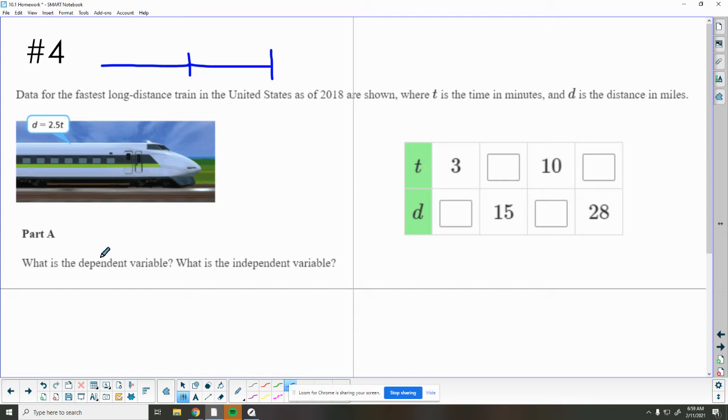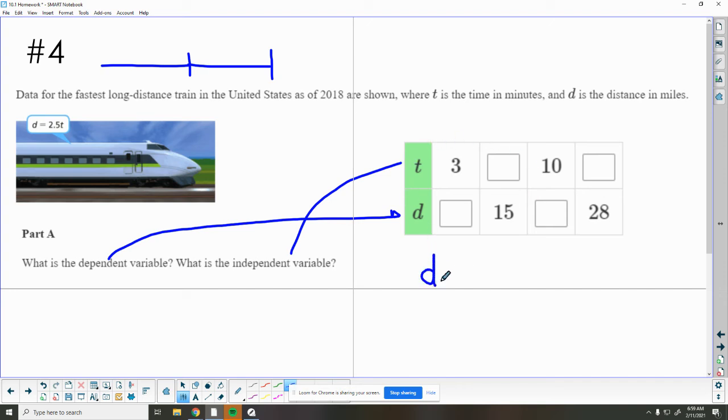So first we need to know what is dependent. So dependent, remember, that's our answer. The distance we travel is dependent on how long the train was going. So if the train goes for 3 minutes, what was the distance? Okay. So now let's use this equation to solve this.